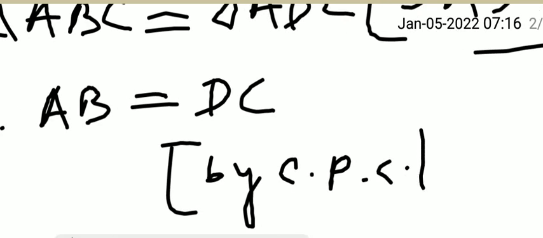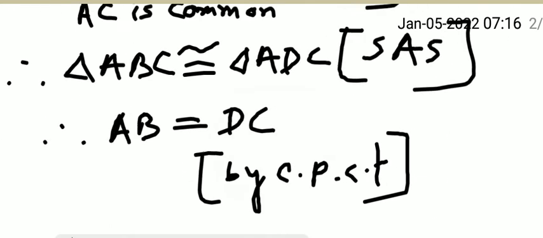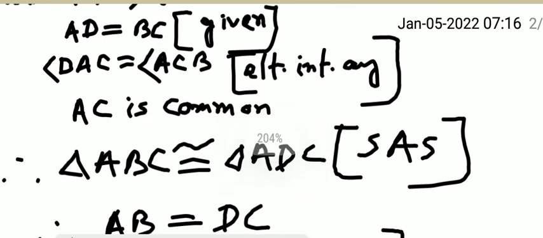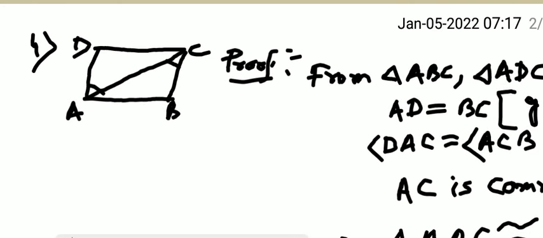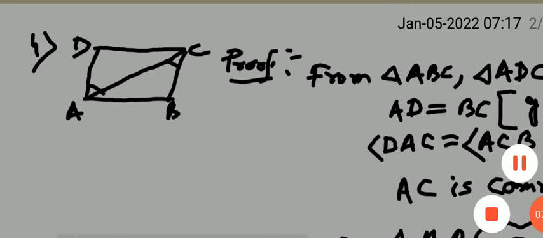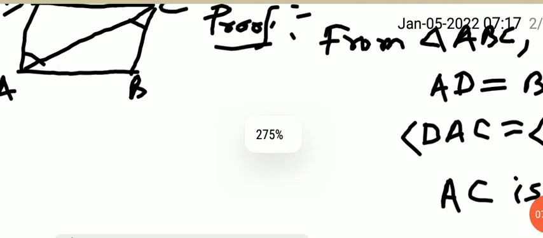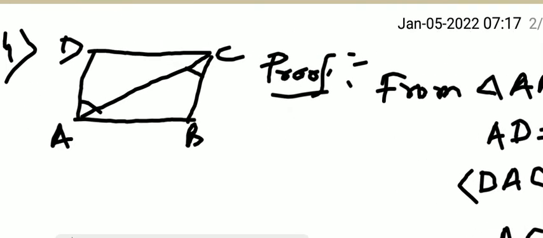CPCT means corresponding parts of congruent triangles. In this way you have to solve question number 4. Hope that everybody understood the theorem well.